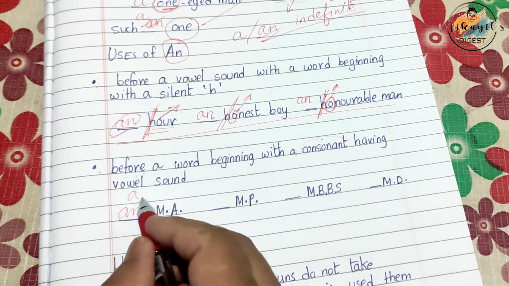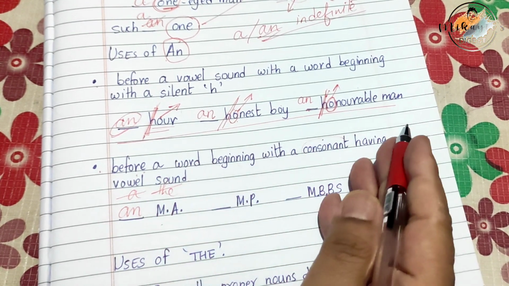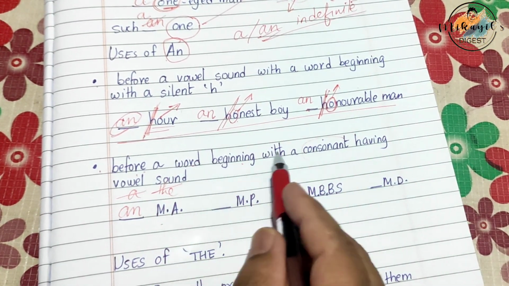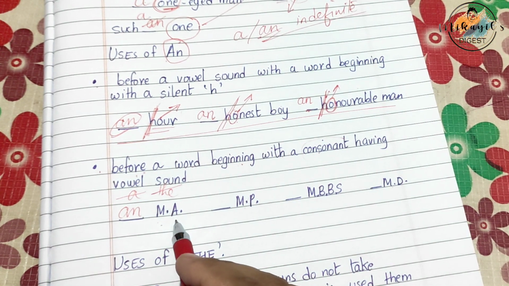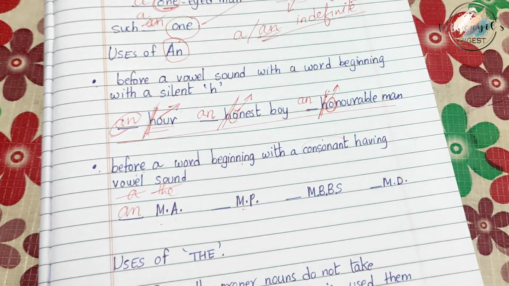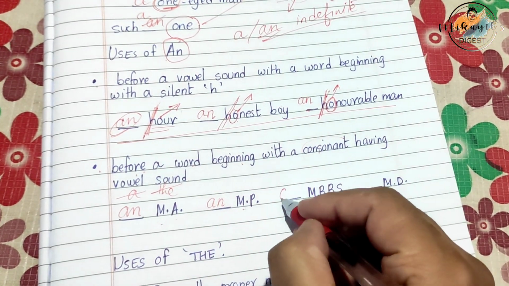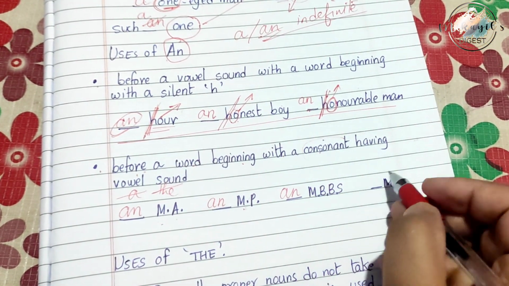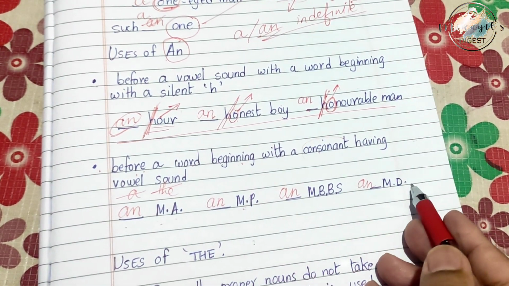You cannot use a, you cannot use the, you have to use an. This is a rule because the word begins with a consonant having a vowel sound, like MP, MBBS, and MD. This is one simple rule again.